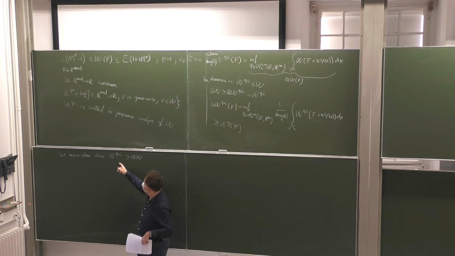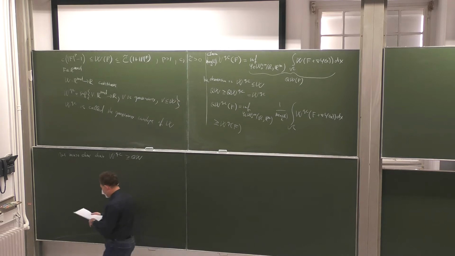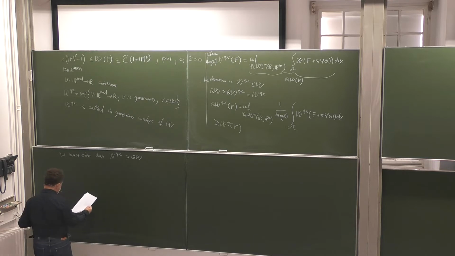Because this is the supremum of all quasi-convex functions which are smaller than W. So if this is quasi-convex, then I would know it's there. So what we need to show is that WQC is bigger or equal than QW.